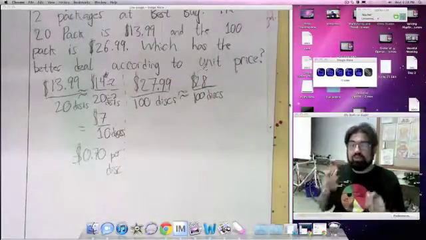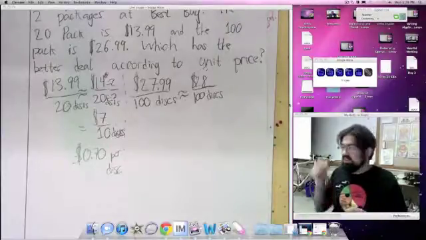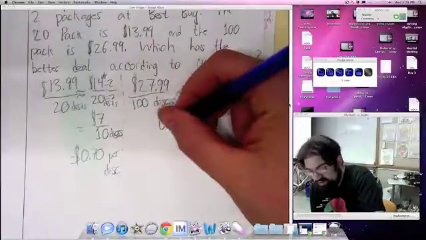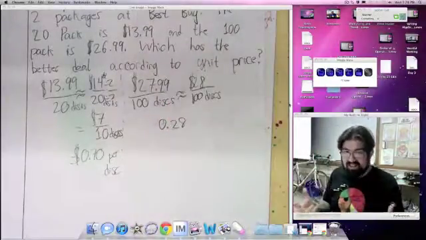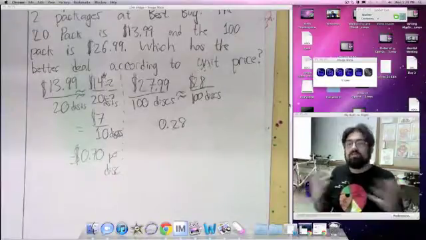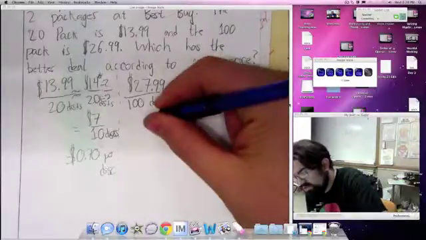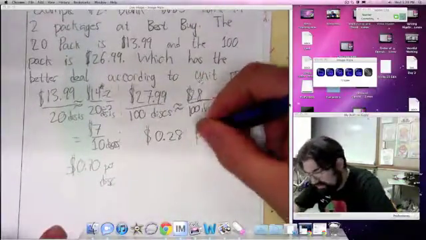Hey, that's really easy actually. 28 over 100, I can turn into a decimal like that. Remember with decimals, the first number is the tenths place, 8 is the hundredths place. That's the magic of multiplying and dividing with 10 and 100. So this is about 28 cents per disc.